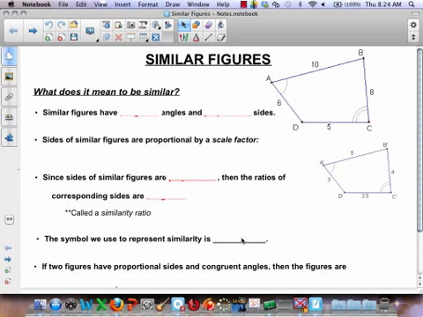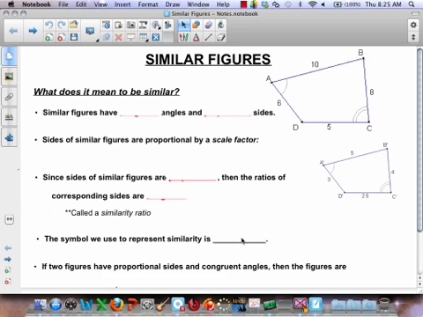Okay, so kind of like the blonde hair, right? And Mason's blonde hair might be a little bit longer than Alyssa's blonde hair, right? So though they're alike, they're similar, but they're definitely not congruent.